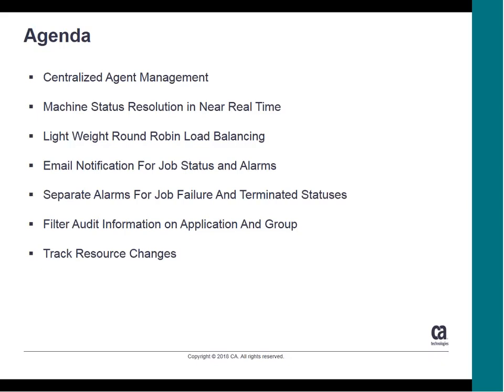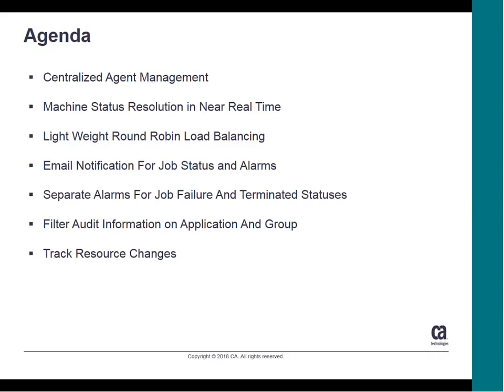And email notification for job status and alarms. We have made a significant number of enhancements to the handling of email notifications, as well as the kind of notifications that one can now send for alarms and various job statuses.